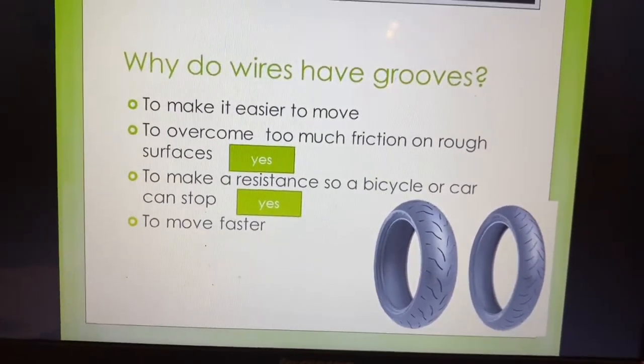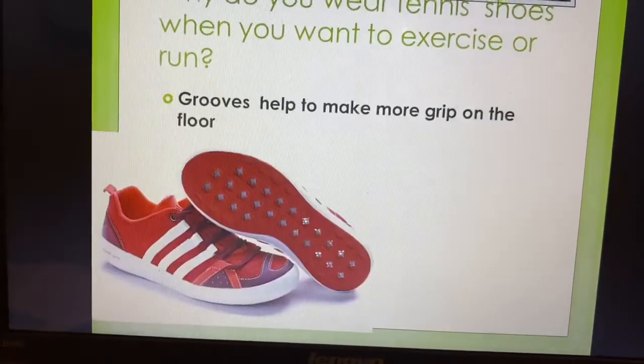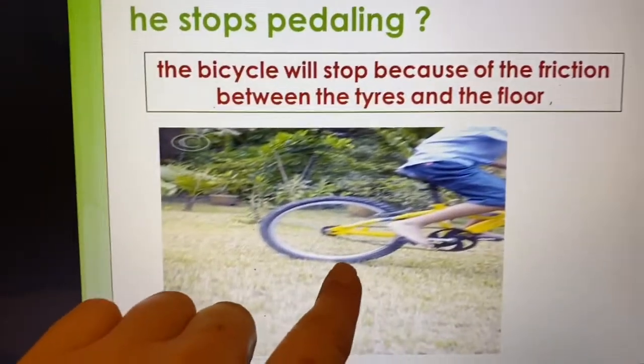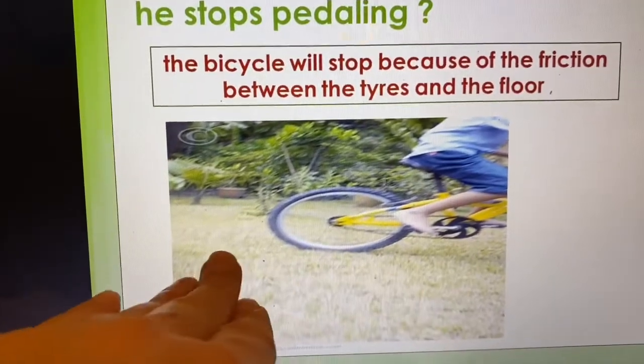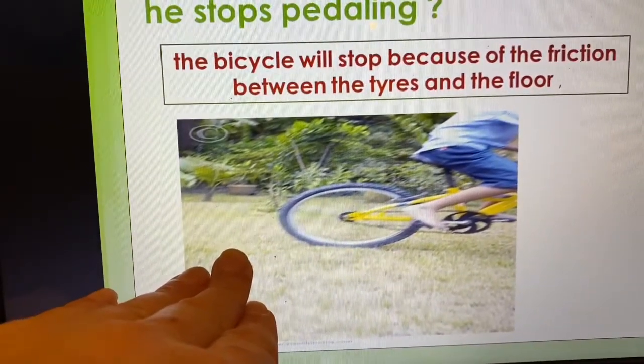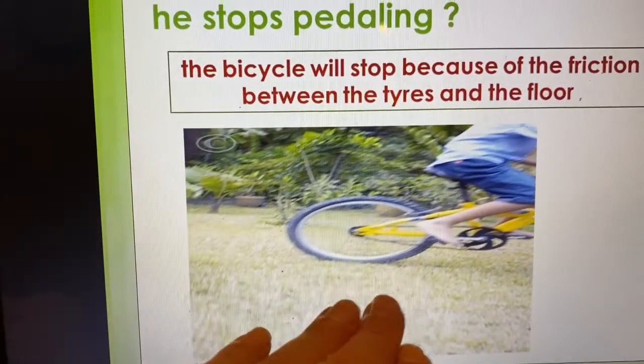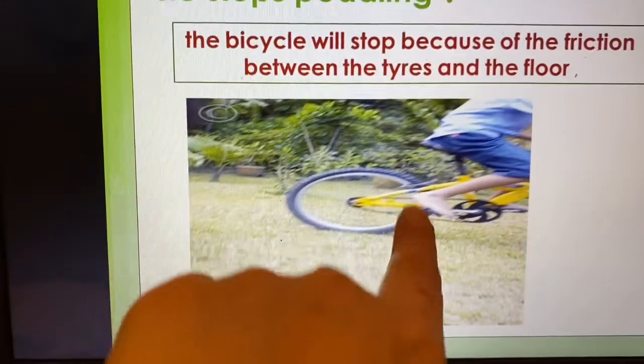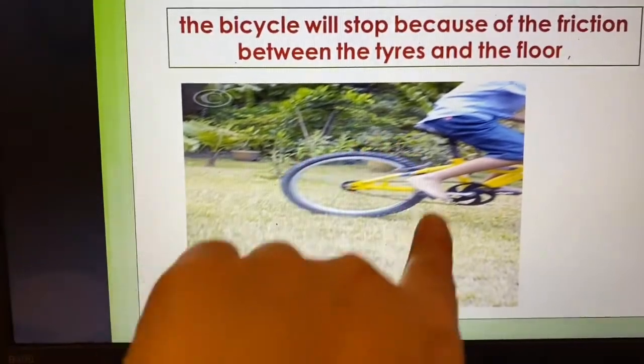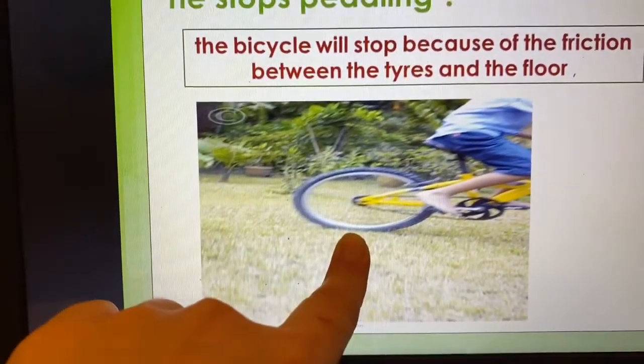What does it mean to start moving? Suppose in this picture the floor is very smooth, like ceramics or wax, and it is wet. The bicycle can't make the circular movement to move.